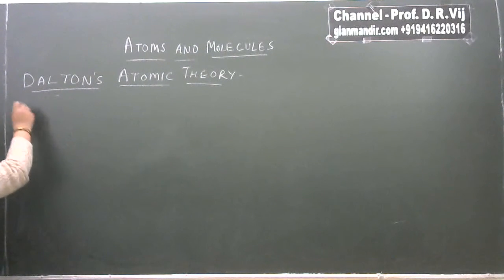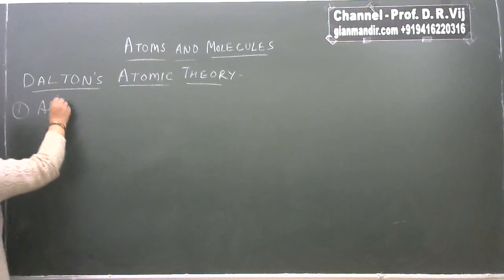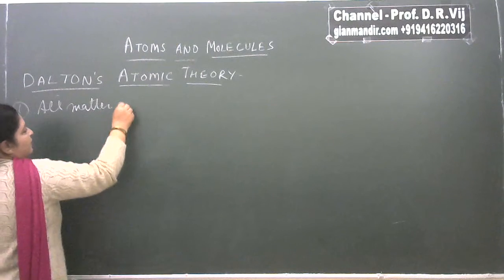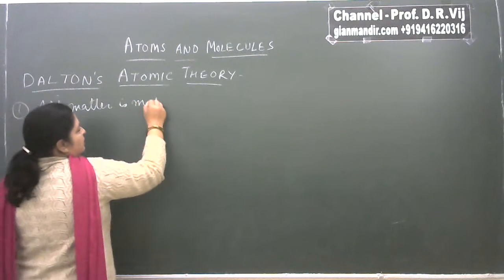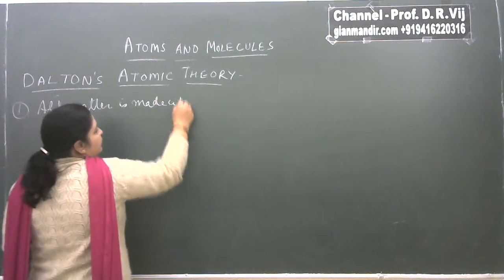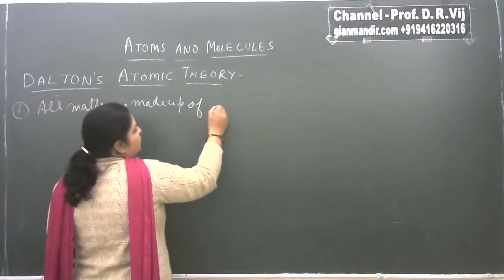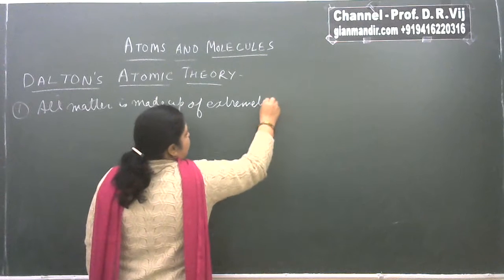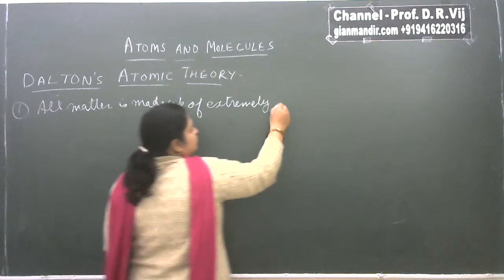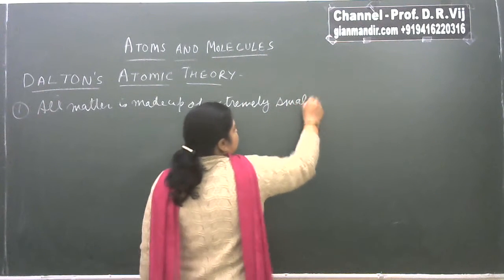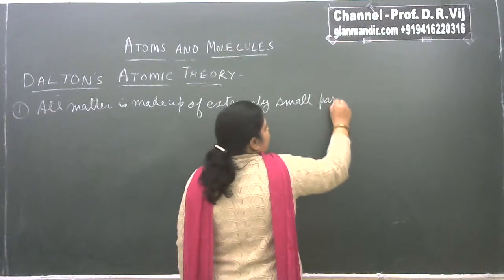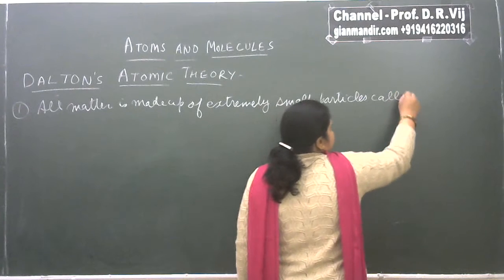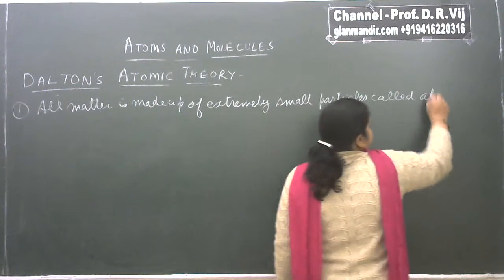According to the first postulate, all matter is made up of extremely small particles called atoms, right?